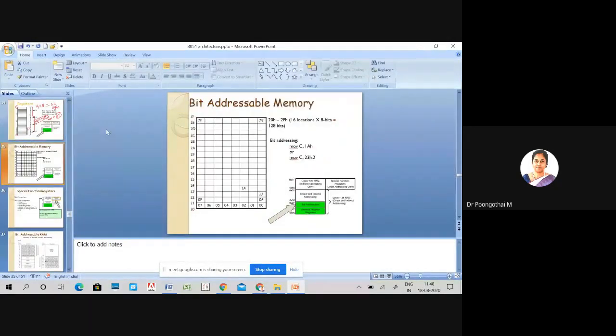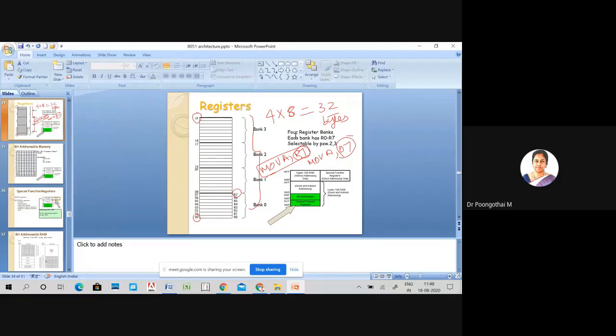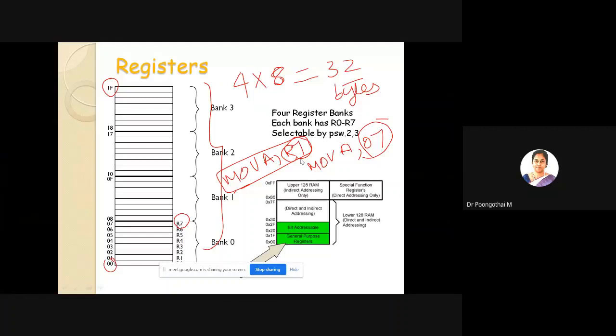Another important point is that these register banks are selected using 2 bits, RS1 and RS0, in the PSW, the program status word, bits 3 and 4.